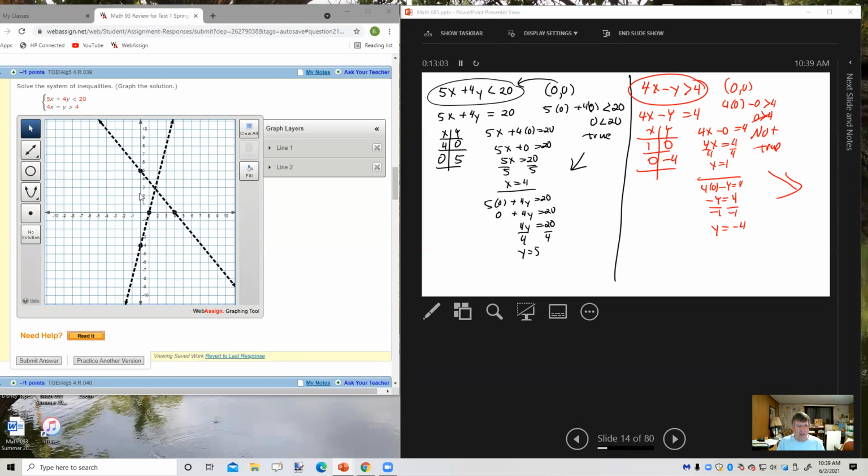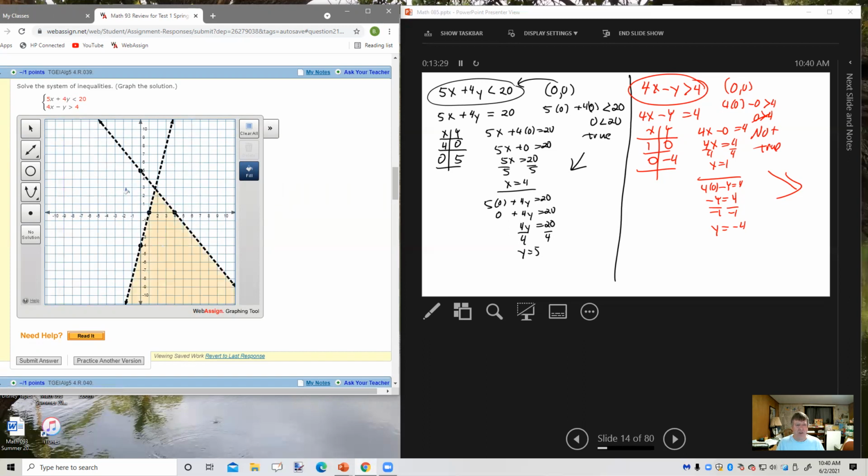So my first line, I'm going to be shading below it. To fill it, it would be here and here, right? That's for the first line. The second line is to the right, so that would be here and here. If we take these two and these two, where do they intersect? They intersect right there.